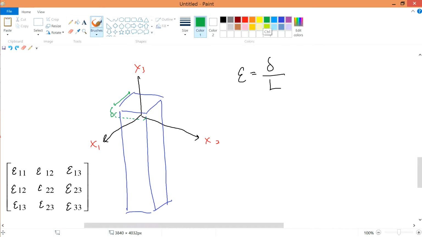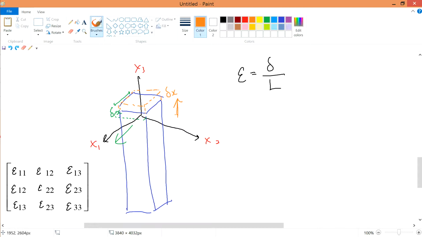So maybe I indicate it in a different color. The stretch has the same amount of delta x. This is in terms of this direction, the green color one, and the orange color is in terms of this direction, 3,3. As you can see, the difference is so big. The L for the green one is just this length over here, while my orange color one is way too long.